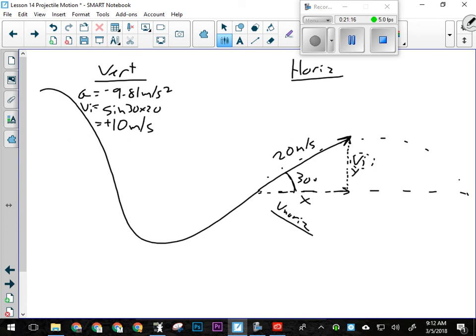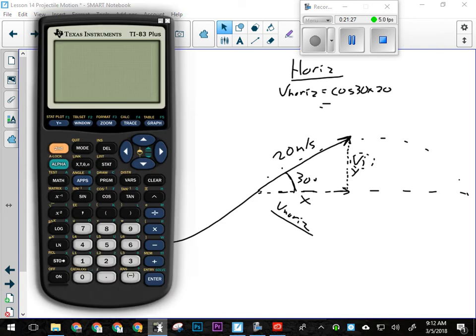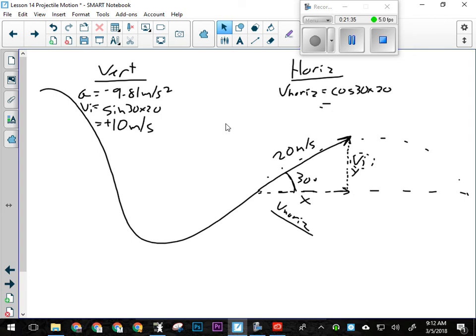All right. The other thing I can calculate right now is V horizontal. Okay, it'll be the cos of 30 times 20 meters per second. All right, so 17.3205 meters per second.